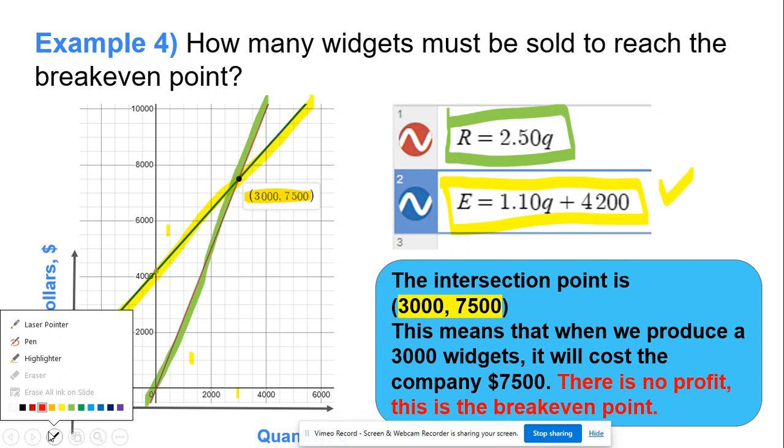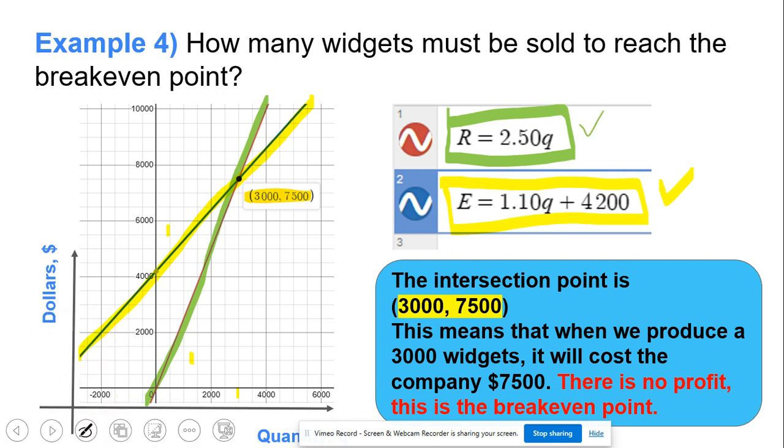I ended up finding the intersection point, which is located right here, and that's going to be the break-even point. We have 3,000, 7,500. Remember, along the x-axis was the quantity Q. So this is Q, and the Y value is the dollar amount.